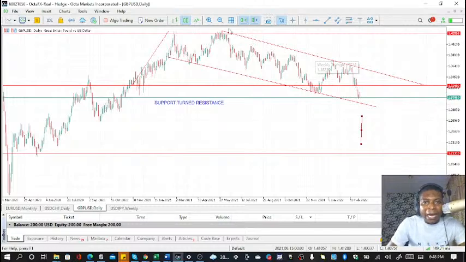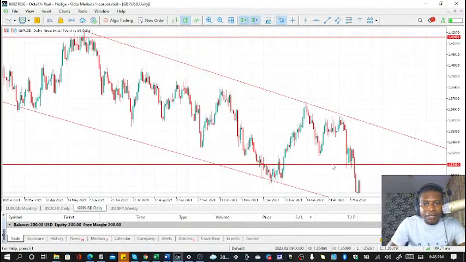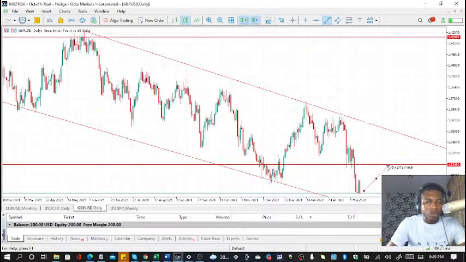This is the resistance turned support we were talking about the other time. You can see how price broke through it. I said on the weekly time frame that price might still come back to test this region, and proceed downward if the resistance stands.